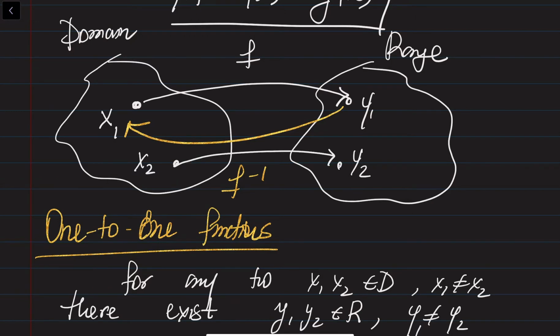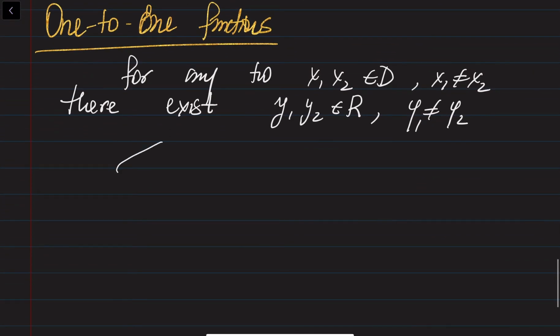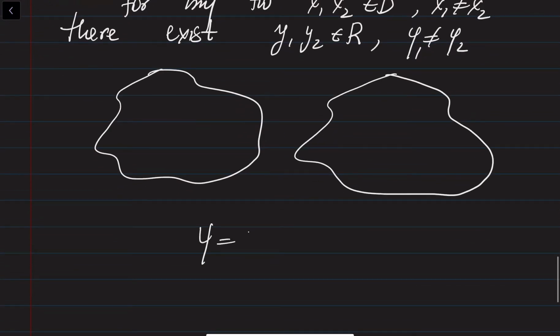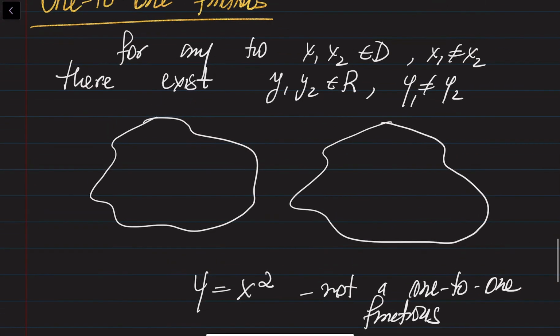At the same time, let me give you an example of a non-one-to-one function. I've got this function here, y is equal to x squared. This is not a one-to-one function, because it doesn't fulfill this condition, right?